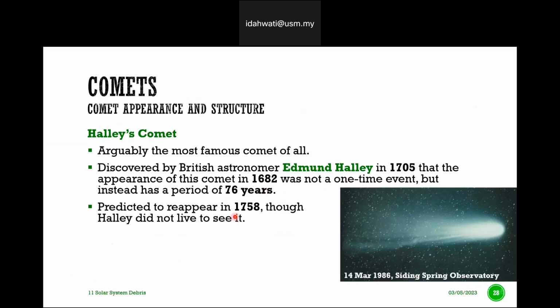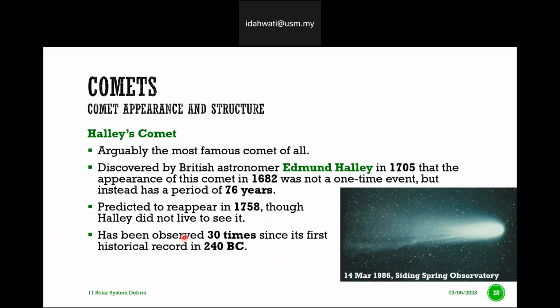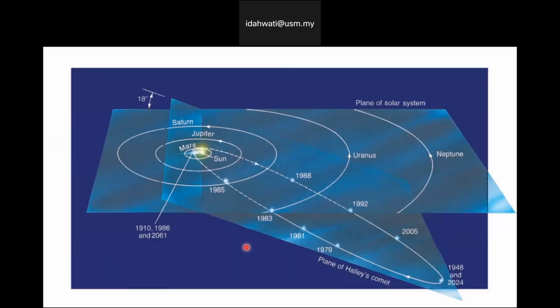Okay, but actually he did not live to see it. It has been observed 30 times since its first historical record in 240 BC and will return in 2061. This is the illustration for the path of Halley's comet.